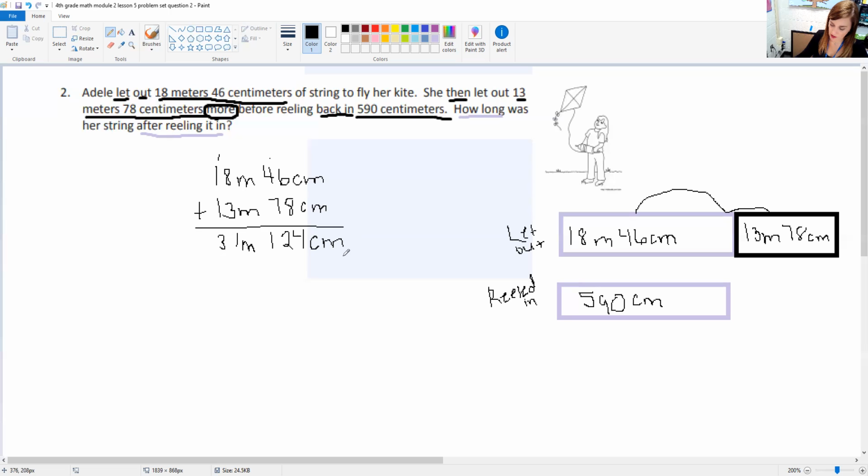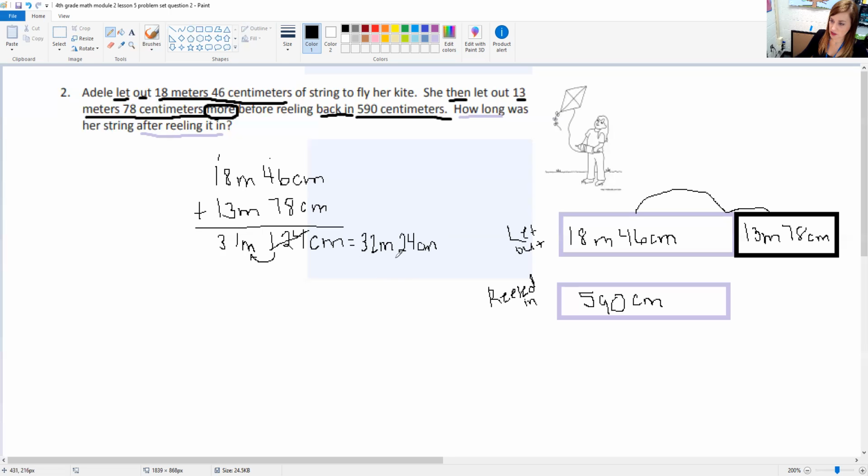Okay, so I could go this way and change it. I'm going to change it to 32 meters. Let's do that part first. I can take out 100 of these and move it over here to convert it to another meter. So now I have 32 meters and 24 centimeters.